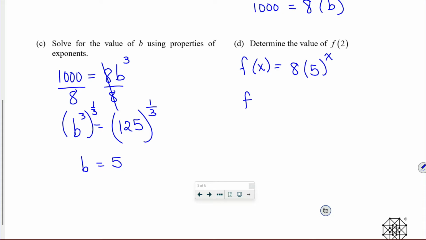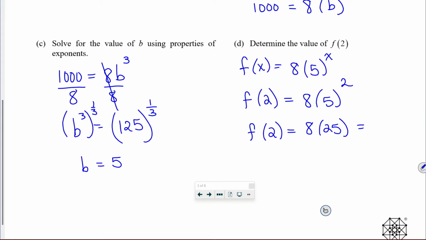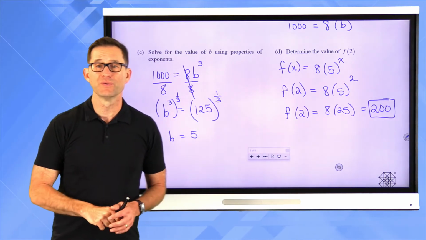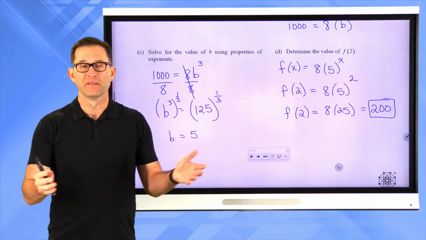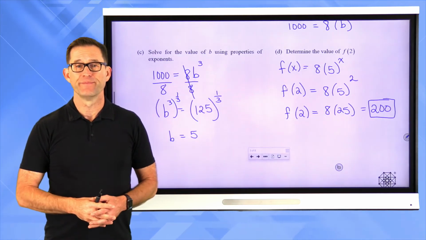So now f of 2 is going to simply be 8 times 5 to the second. That's going to be 8 times 25. And that happens to be 200. Of course, you can do that on your calculator if you so choose, but it's easy enough to also do in your head.